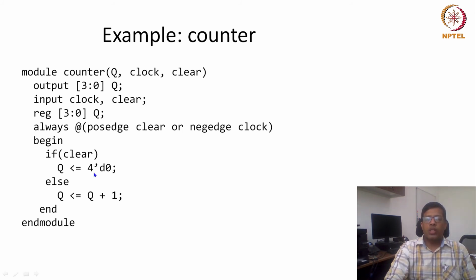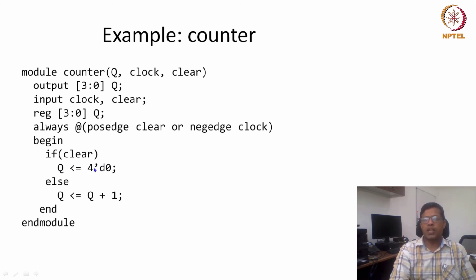If clear is 1, then I need not think about the clock. So I can say if clear is there, and clear can be there only after a positive edge, only at that particular point of time I will trigger this clear, and then I can assign my output Q to 0.